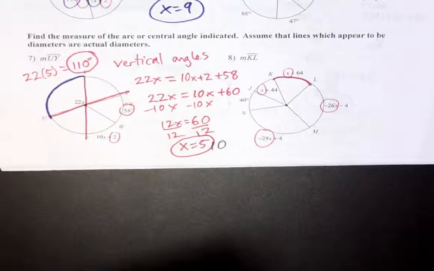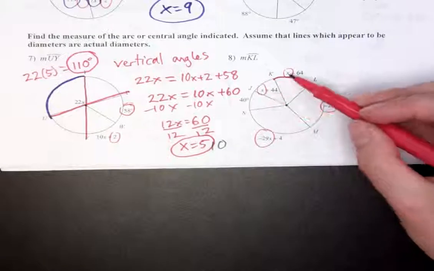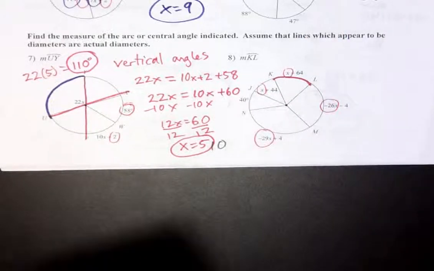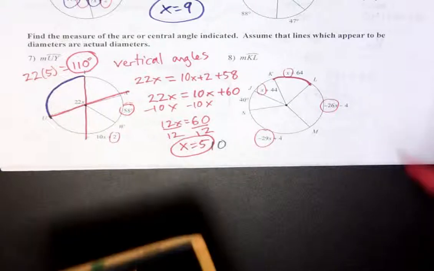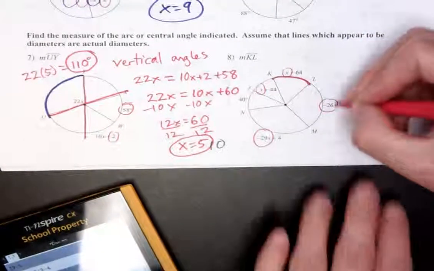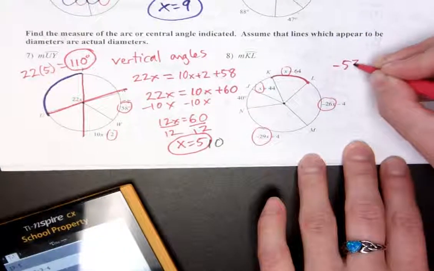I have 2 x's and then negative 26 and negative 29. You add one and so 2 negatives? So when I add those up in my calculator, it gives me negative 53x.